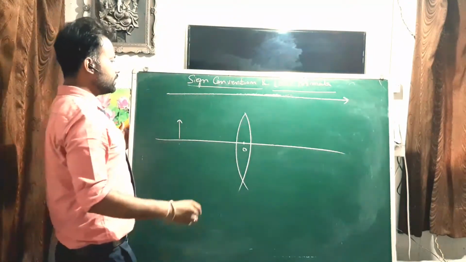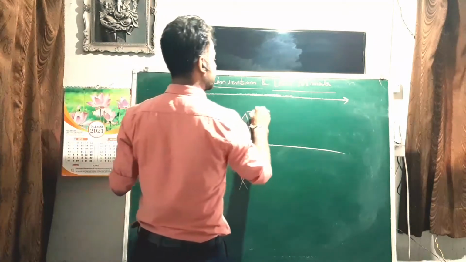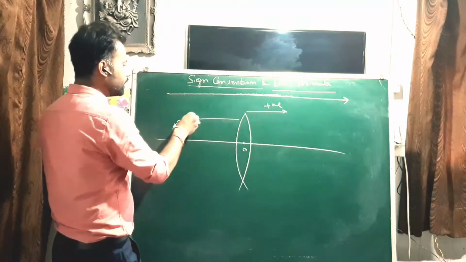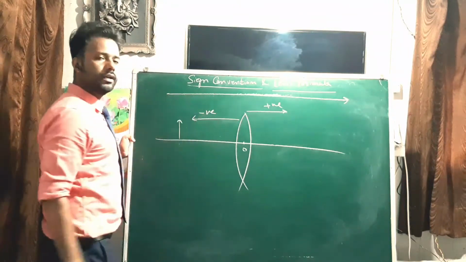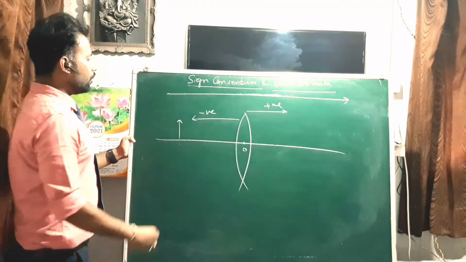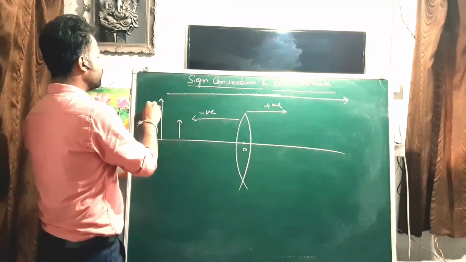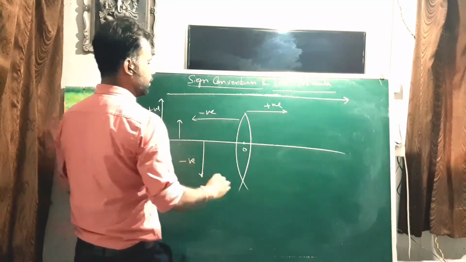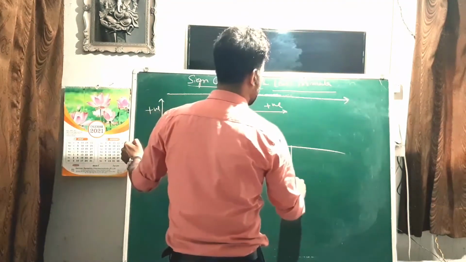So all the distances you measure in this direction will be positive, and in the opposite direction negative. All the distances upward will be positive, and all the distances below will be negative.